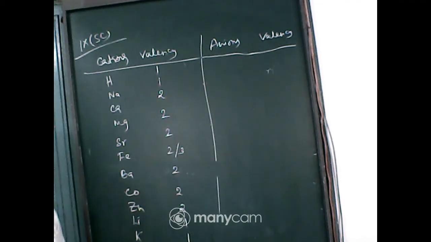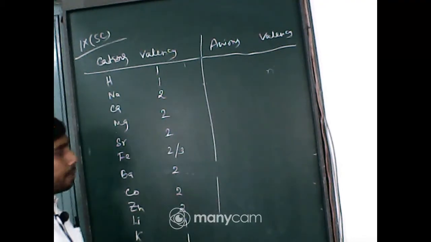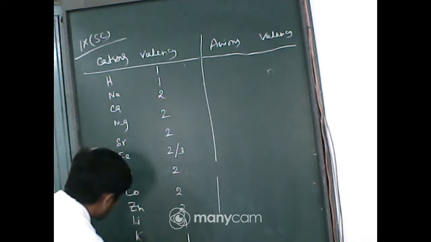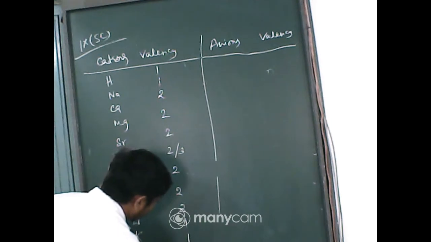fluorine will be on that side, on the anionic side. Fluorine will be on the anionic side. Copper plus 1, 1 or 2.